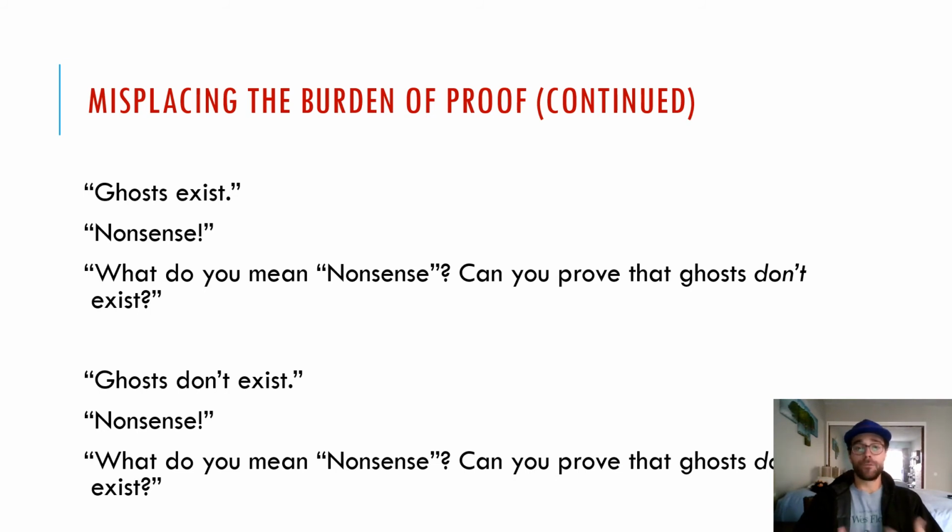I can't prove that ghosts don't exist necessarily without showing you a list of all the things that exist and seeing that the ghosts are not on there. Or it might be the case that my simply trying to prove that ghosts don't exist will get me to believe that ghosts exist. But in either sense, I can't prove the non-existence of something.